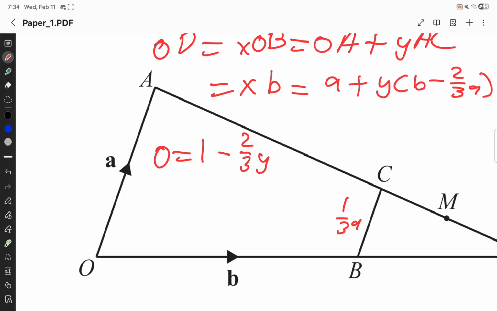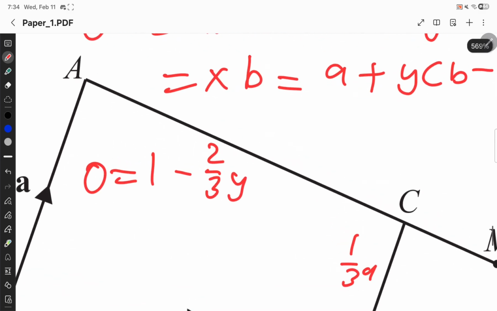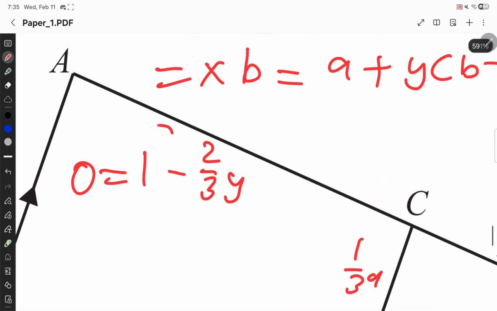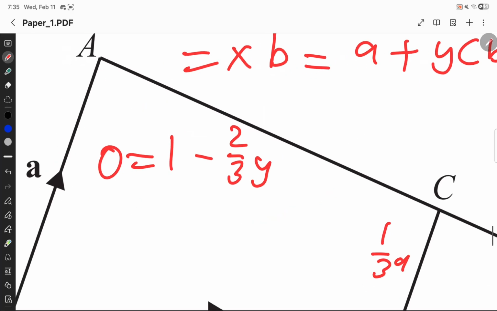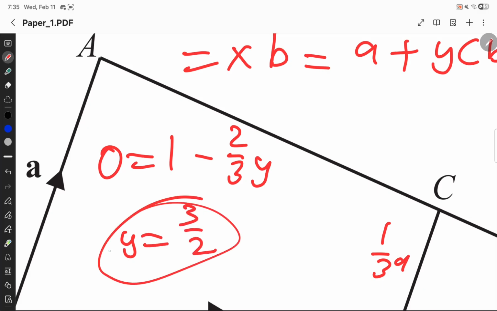If we were to equate b in another alternate universe, it would not be possible, and we cannot assume this. So we use this instead, and by doing that we find y is equal to 3 over 2, which makes this equation possible.